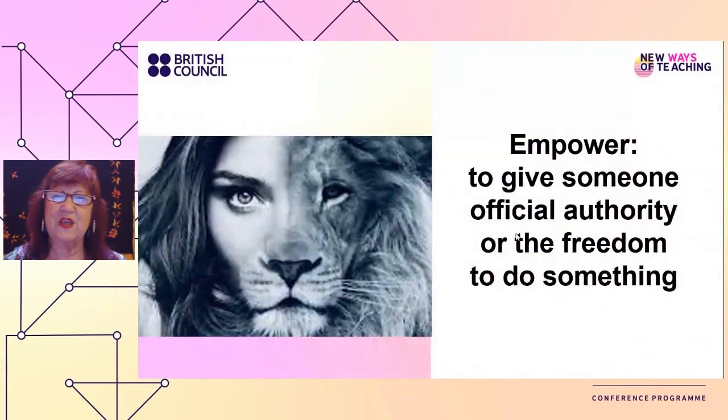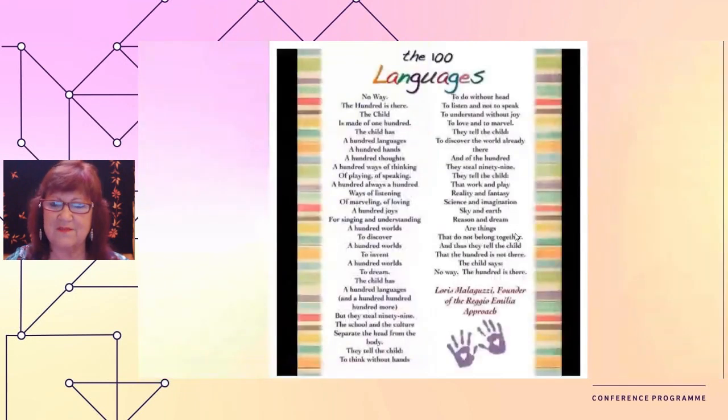So you give empowerment to your students by officially authorizing them or freeing them, as one of our members said before at the beginning, to do something of value and of worth.